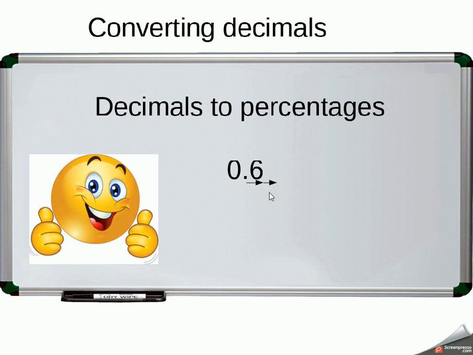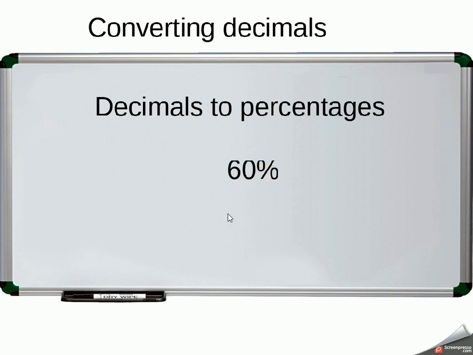But if we move that decimal place 2 to the right, one move will put it to the right of the 6, giving us 6%, but moving it again will put it to the right of the invisible 0 that's right here, hence giving us 60%. So be careful with that one. If there's only one number in the first decimal place, it'll be 60% or 70% or 20%, depending on whatever the number is.